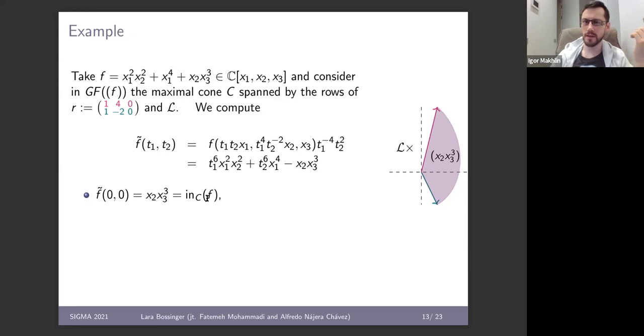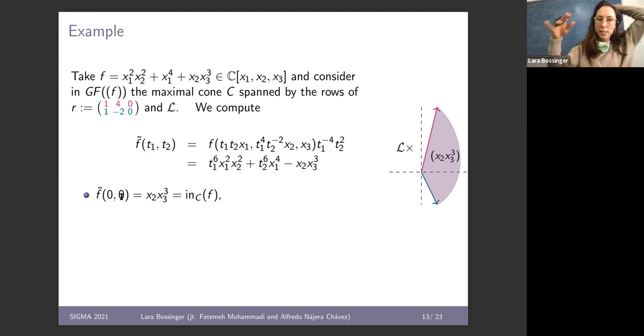Not necessarily. Yes, it will have unit coefficients, but it could have more than one. For sure, if I set now all the t's to 0, I will get an element that is in the initial ideal, but it might not be a monomial. It might be a combination of monomials.